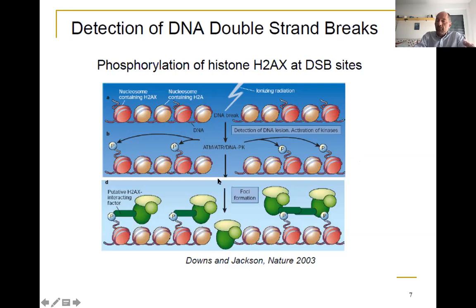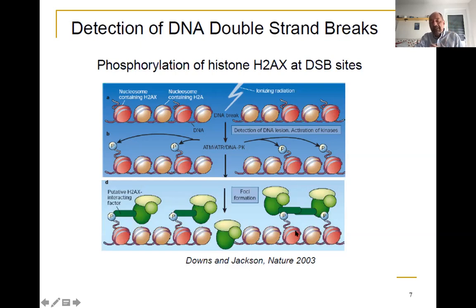At this point, if you have a phosphorylated enzyme, you can use an antibody against it. These antibodies generally come from animals, from rabbits. So you can develop an antibody which is specific to bind the phosphorylated H2AX, and you can put a fluorescent marker on the antibody. Now you will be able to see all the phosphorylated H2AX.